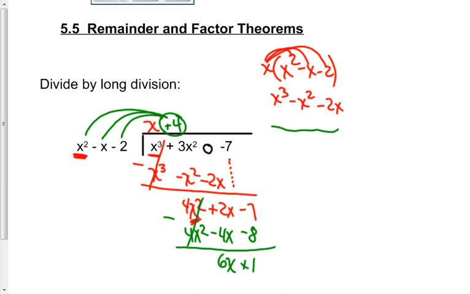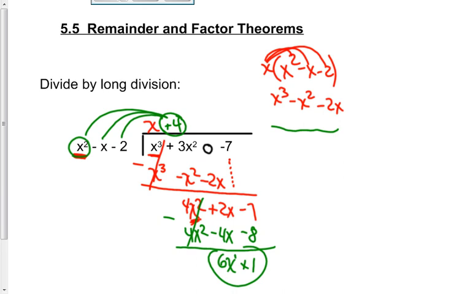Now at this stage, when you end up with something underneath like this, 6x plus 1, with a smaller degree than what you have out in the front, x squared, when your 6x to the first is smaller than this x to the second, then you're done. You can't go any farther. So this quantity down here that I circled is considered your remainder.